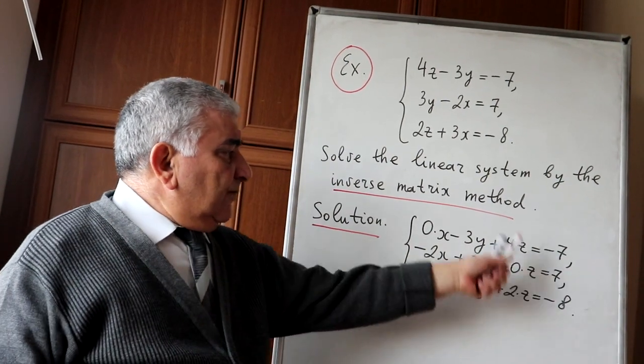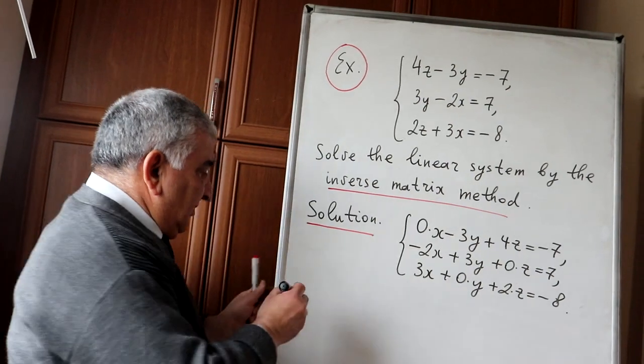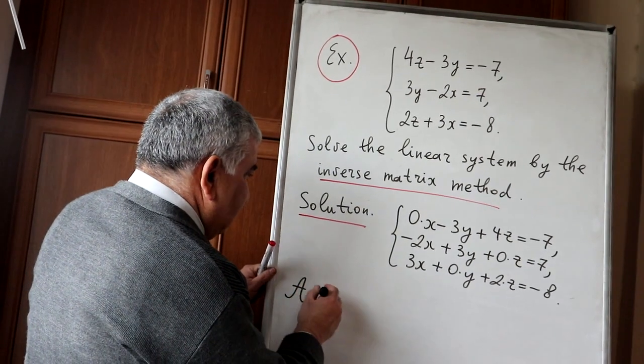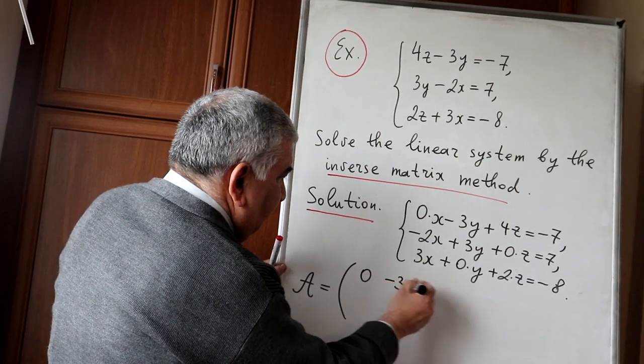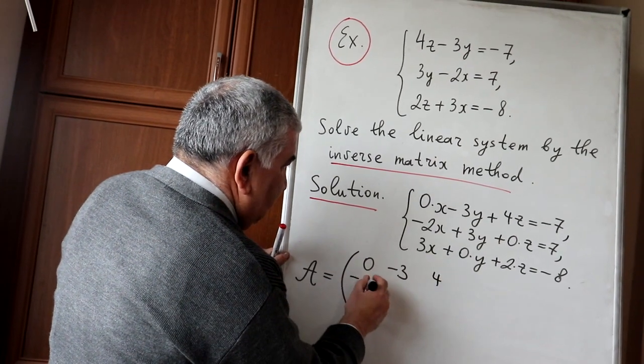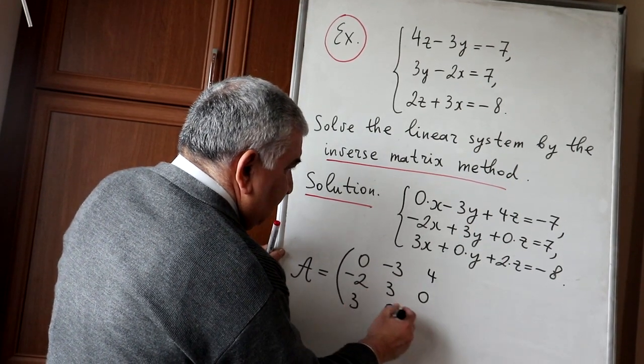At first, form the coefficients matrix A capital. A capital equals 0, minus 3, 4, minus 2, 3, 0, 3, 0, 2.